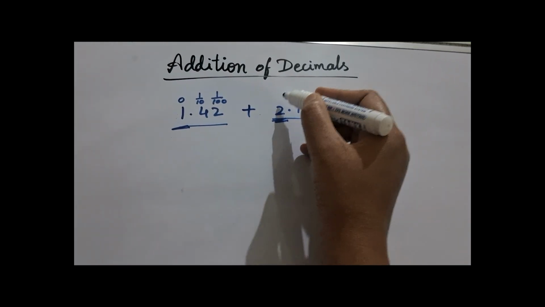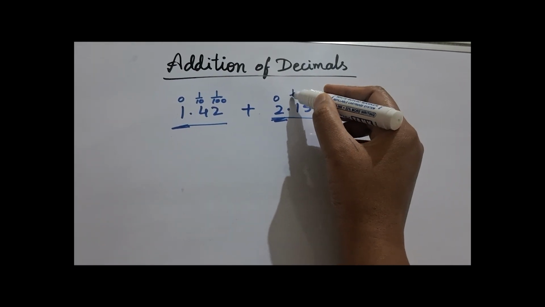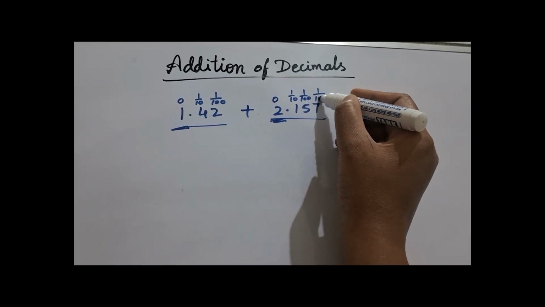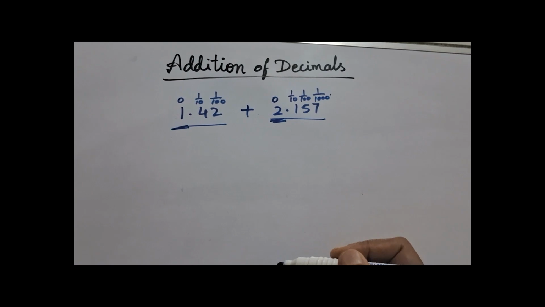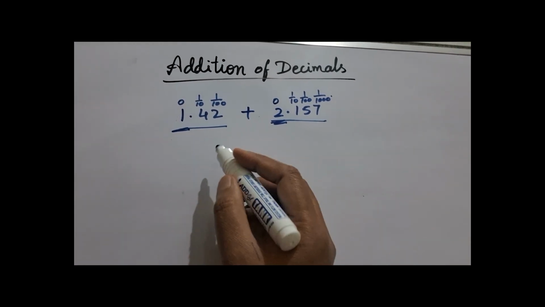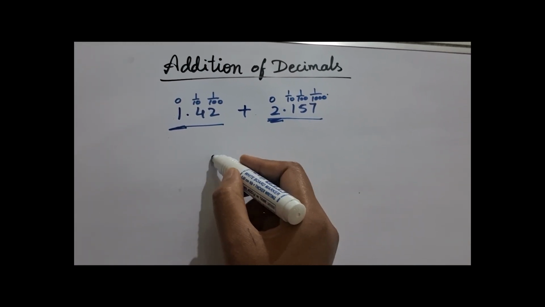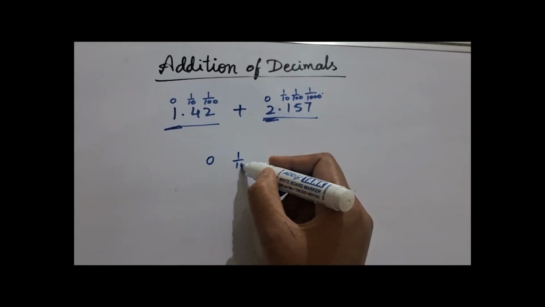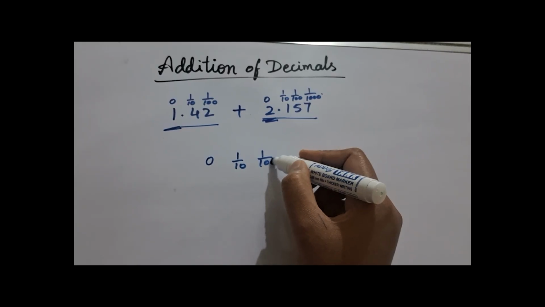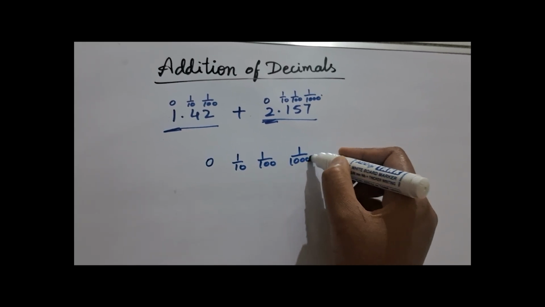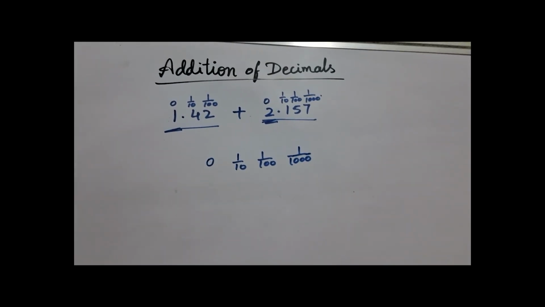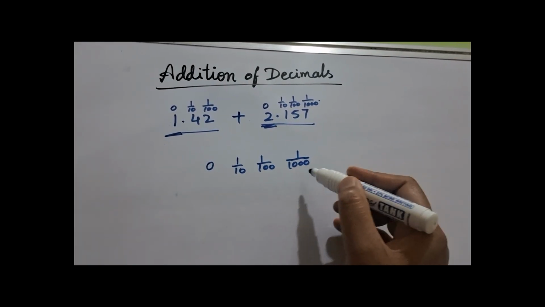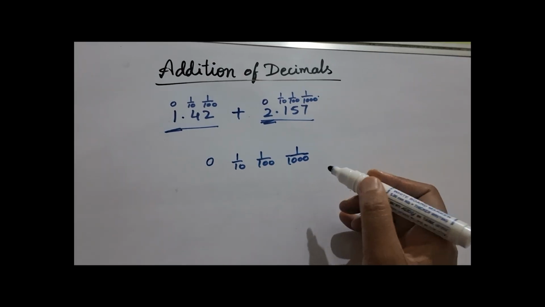Now this is in the ones place, this is in the 1 by tens place, this is in the 1 by hundreds place, and 7 is in the 1 by thousands place. Okay, children. Now we write the ones place, 1 by tens place, 1 by hundreds place, and 1 by thousands place. Only those digits should be written in these places while adding or subtracting.